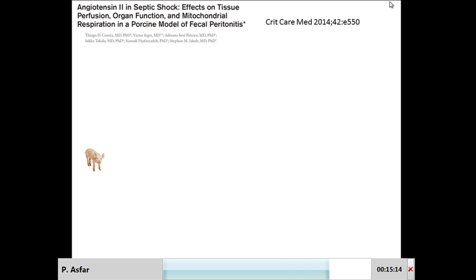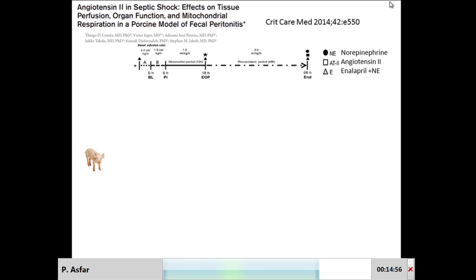In a second experimental study in pigs, in a rather long-term model, sepsis was induced by fecal peritonitis, and the animals were monitored for a rather long time, 2 days. The authors compared norepinephrine versus angiotensin II administration, and in a third group, they pre-treated the animals with enalapril, and they resuscitated the animals with norepinephrine.